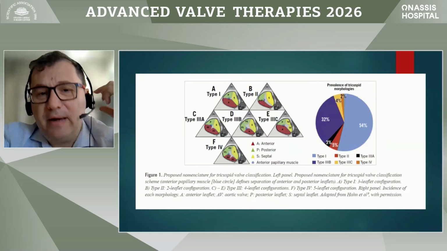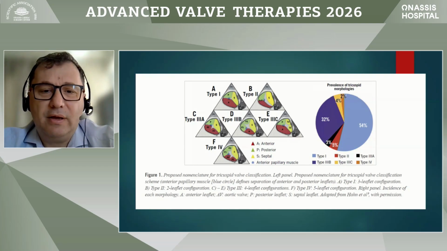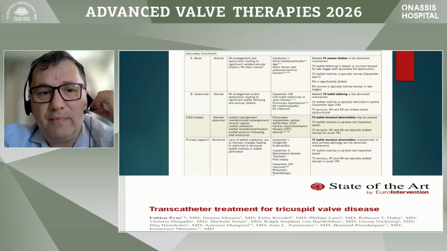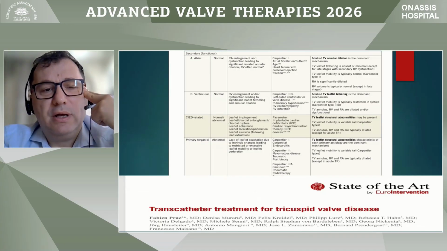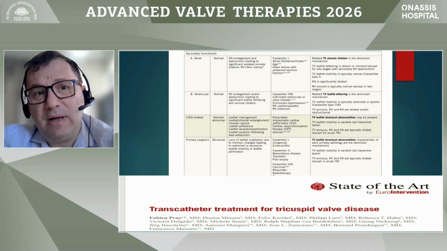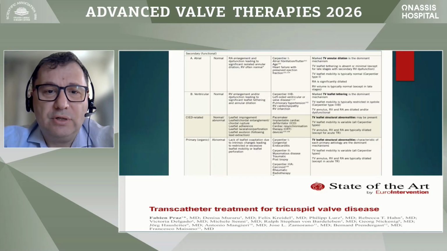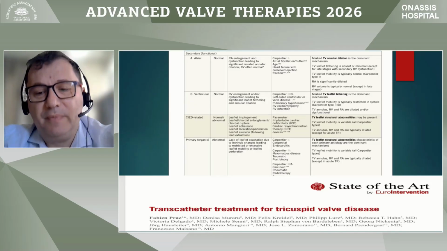There is a great anatomic variability of the tricuspid valve, with the most common subtype for the posterior valve to be divided into two leaflets. And we can classify tricuspid valve regurgitation into primary and secondary, which can be atrial or ventricular, and related to some lead, ICD or pacemaker.